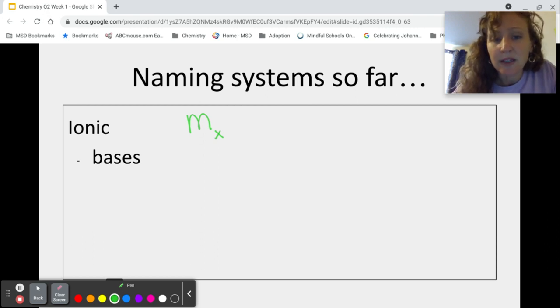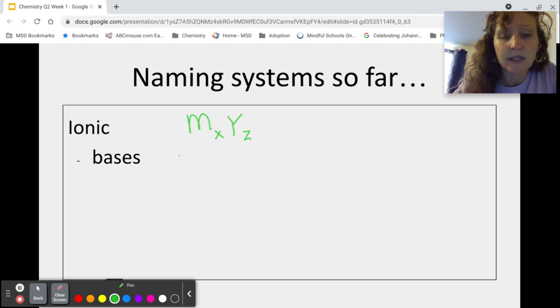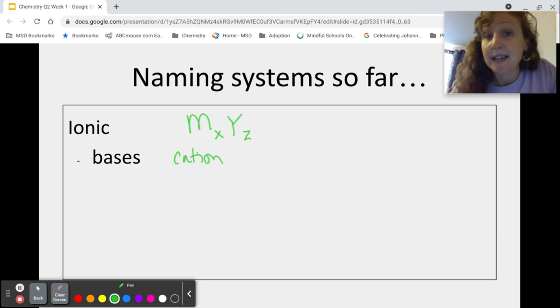I'm going to make the nonmetal a Y just for fun, and then some subscript. So that's the general format of an ionic compound, and when we name an ionic compound, we always name the cation, which in this case is M, and then we name the anion, which in this case is Y.